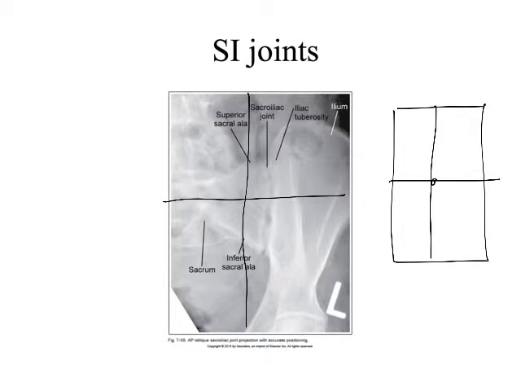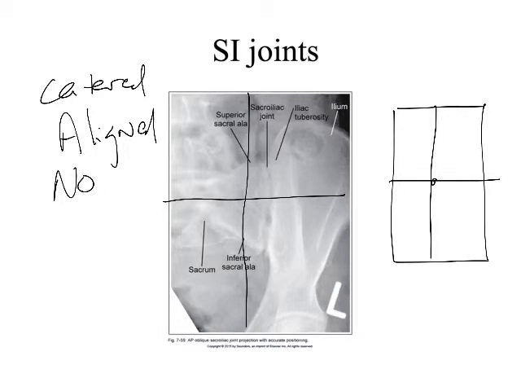And then we also talked about how it's demonstrated without any foreshortening or angulation, right? That's basically the criteria of how we know if we have a good image of the SI joint. So centered, aligned, not distorted.